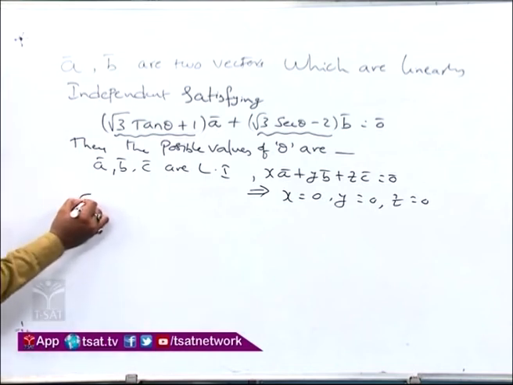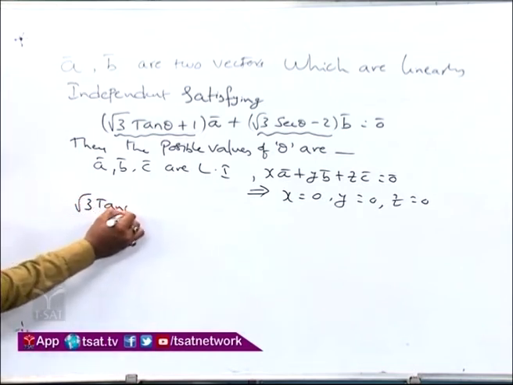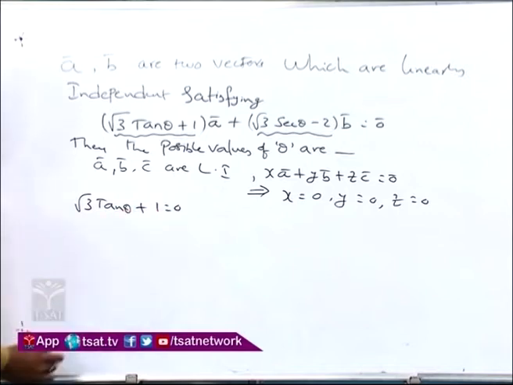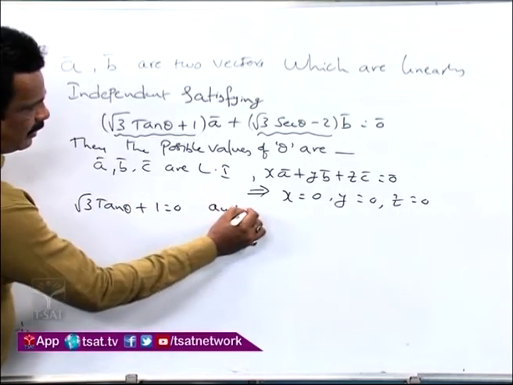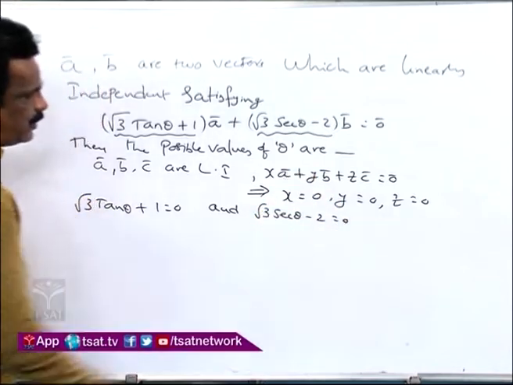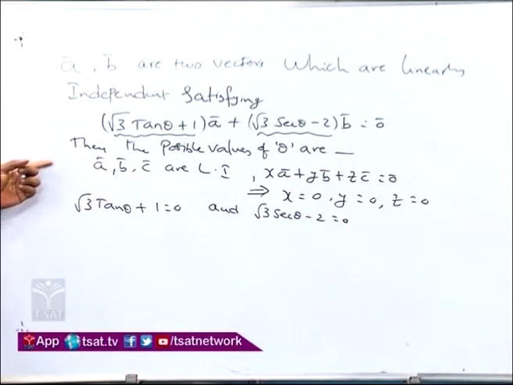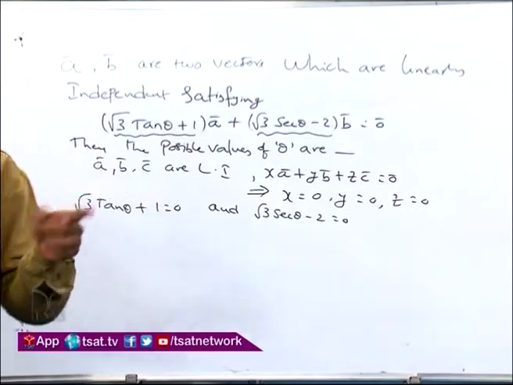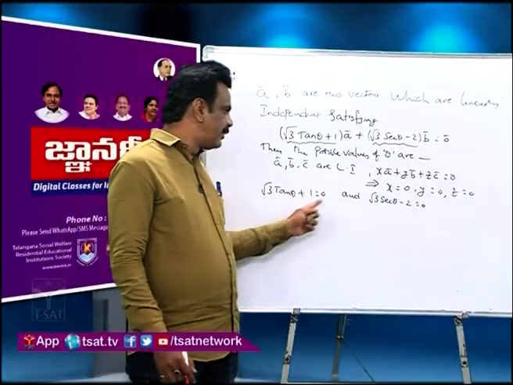So we can write root 3 tan theta plus 1 equal to 0 and root 3 secant theta minus 2 equal to 0. So here we have applied vectors concept, that is linear independence, and we have come across trigonometric equations.